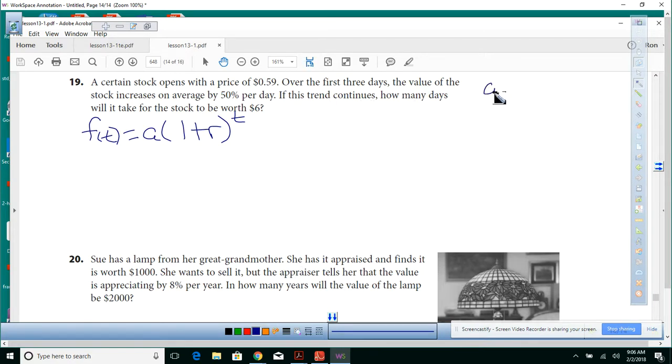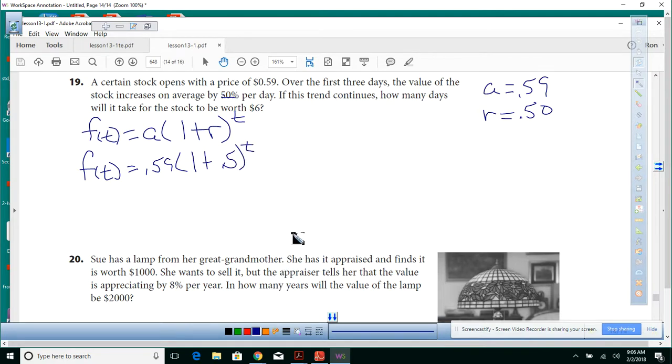Well, A is 0.59. And it increased by 50% per day. So that's going to be R. The rate is 0.50. Okay, so let's put that in. F of t equals 0.59 times 1 plus 0.5 to the t.